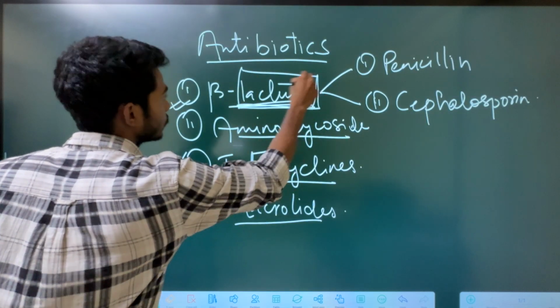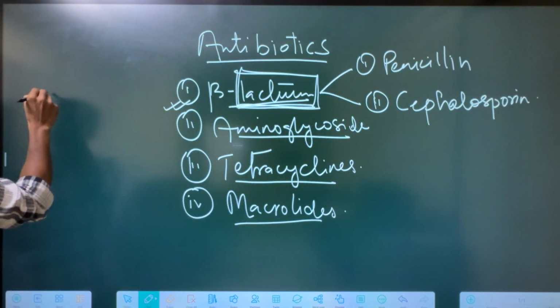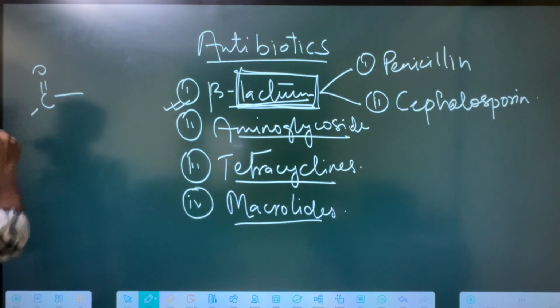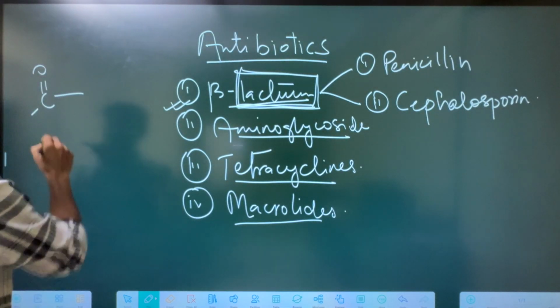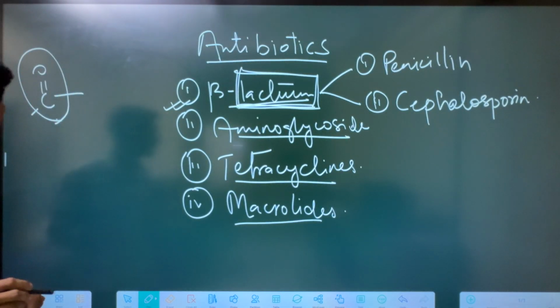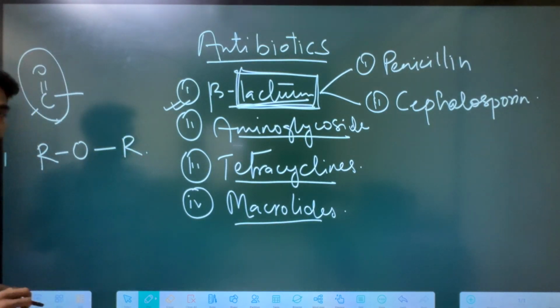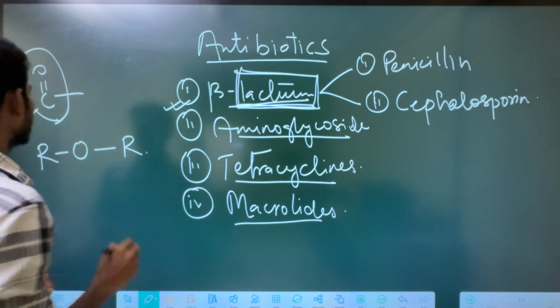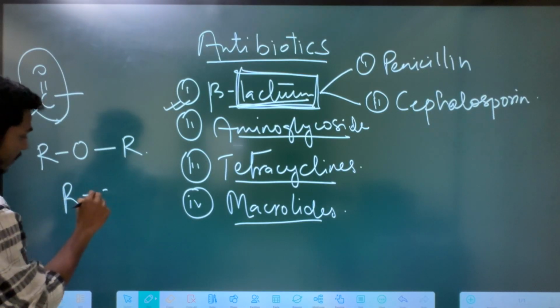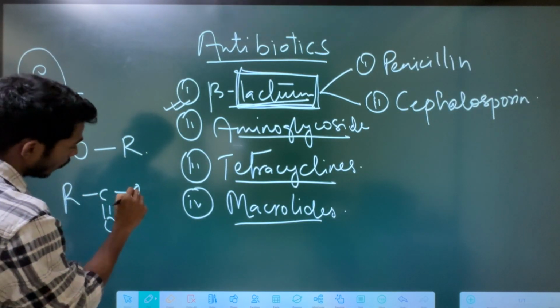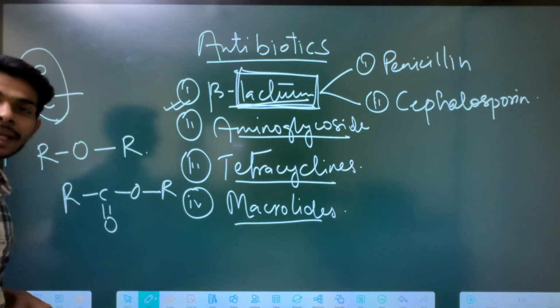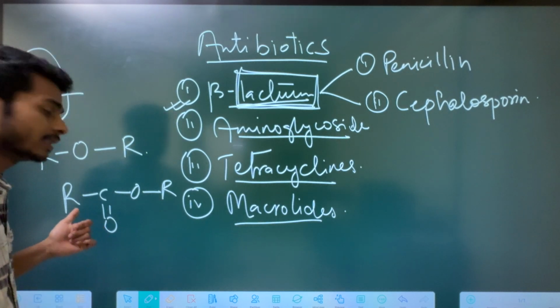Lactam, you will see, for example, C double bond O single bond C, what is it called? It's carboxyl group. But when you see R O R, what is it called? It is called ether. And when you see R C double bond O single bond O again R, that is called ester.